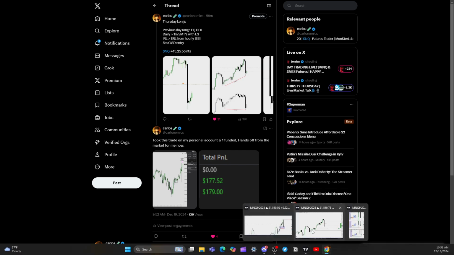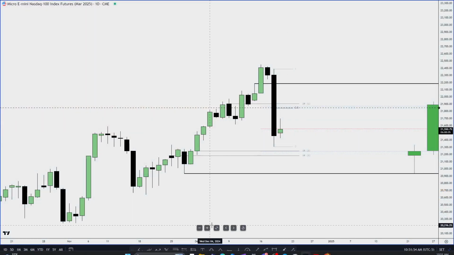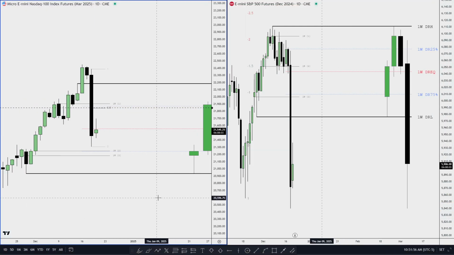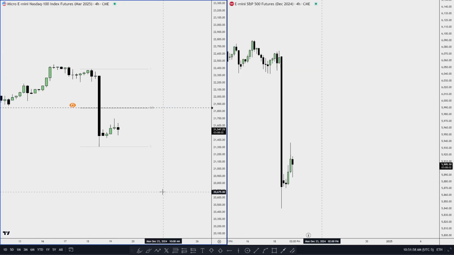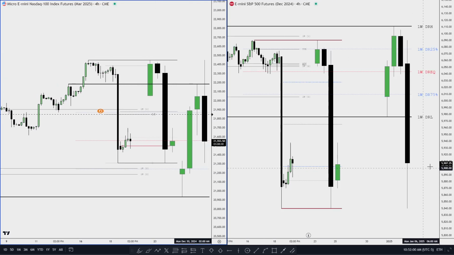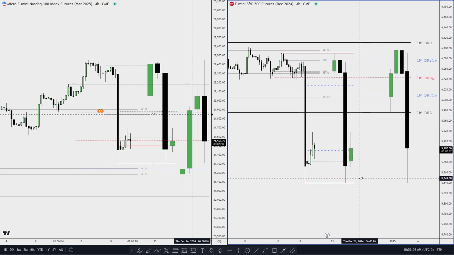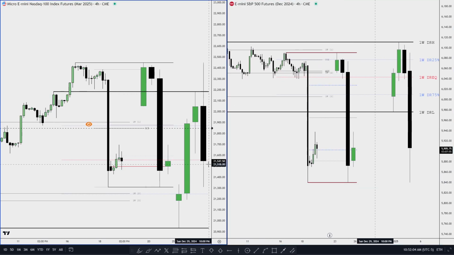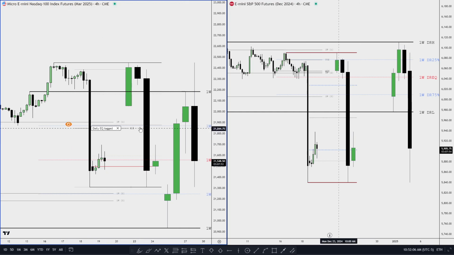But if I go to my chart and I go to the 4-hour time frame, I was anticipating this area to be tagged, which is equilibrium of this daily range, just because we're from this weekly BISI.